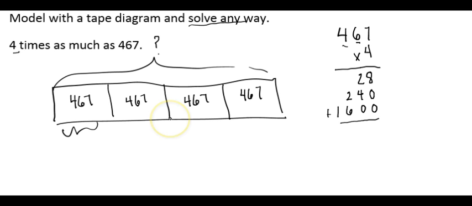I'll add my partial products. I get 8, 6, 8, and 1 for a final answer of 1,868. And again, the tape diagram is just giving us a visual representation of the multiplication problem.